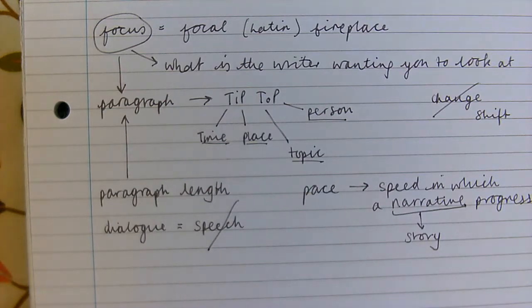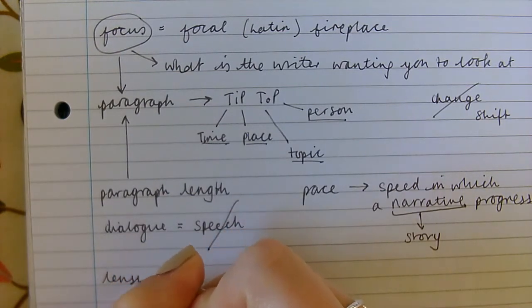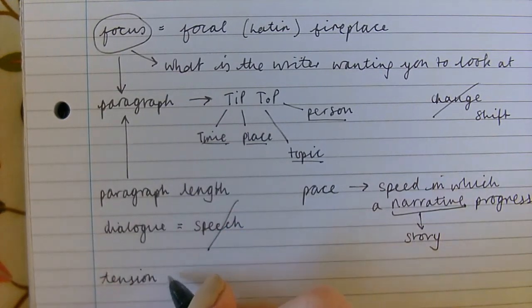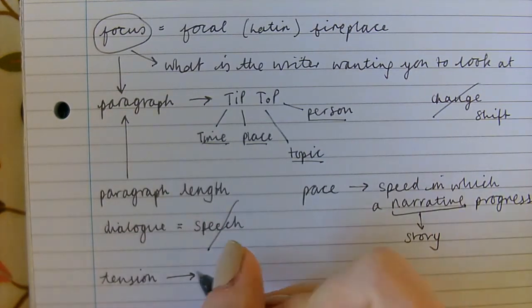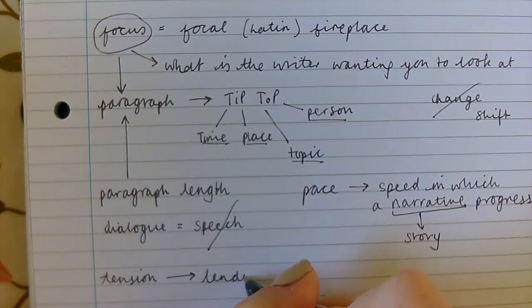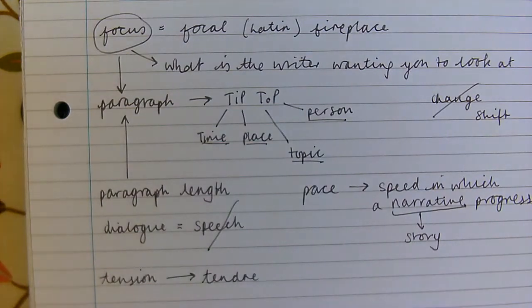Now, we talked there about very short paragraph length making something very exciting or potentially quite scary. Now, when you have something that builds within the writing to build an emotion within the reader, that's called tension. Now, tension comes from another Latin word, if I remember how to spell it. I think it's that way around. That might be the French, it might be ER for the Latin, so I apologise.